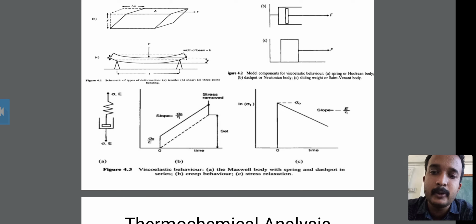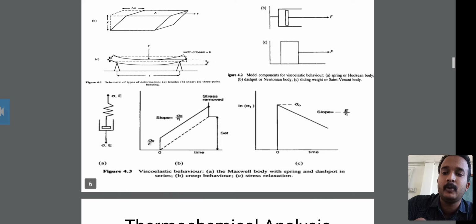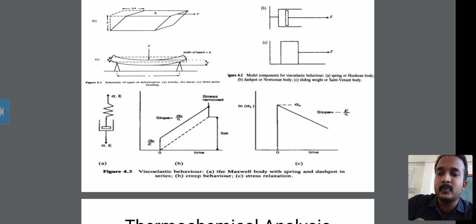Then the stress relaxes, and it is a downward slope, and its slope is minus E upon eta. This is all about the viscoelastic behavior of the Maxwell body with the spring and dashpot in series, creep behavior and stress relaxation.